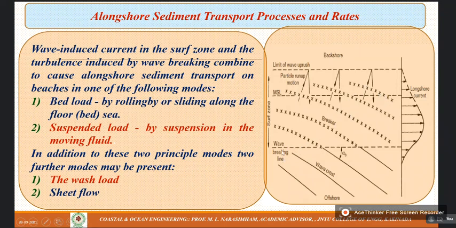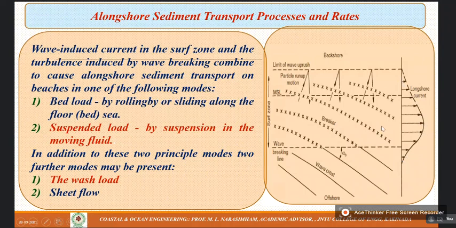Due to this turbulence that is created, there will be a fluid velocity induced current, which will have almost zero velocity in the offshore region, and there will not be any longshore current near the backshore or shoreline, but the velocity will have a certain distribution.